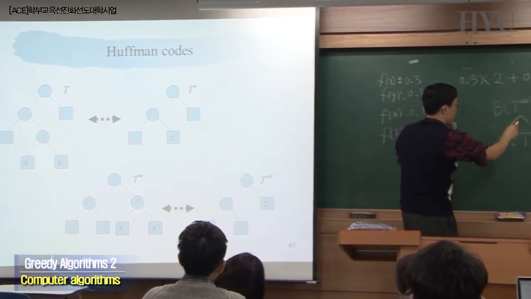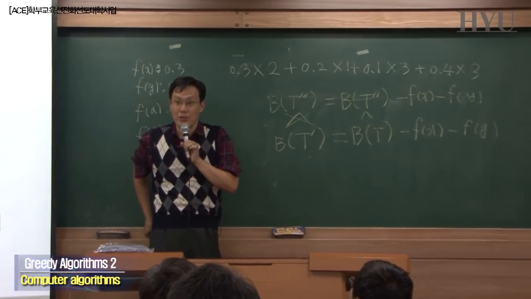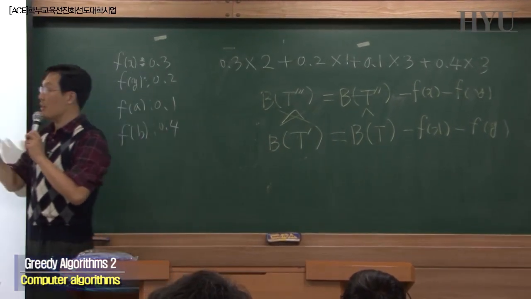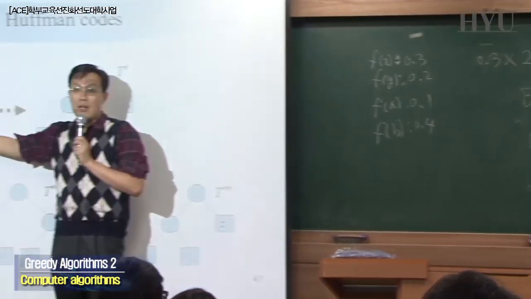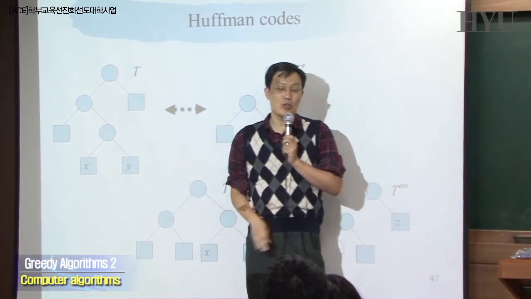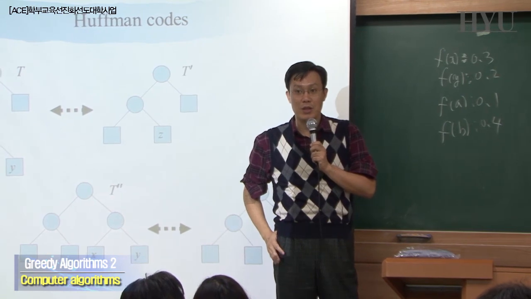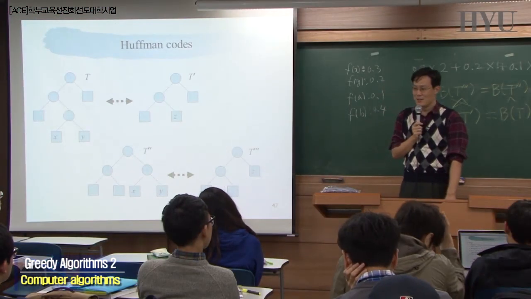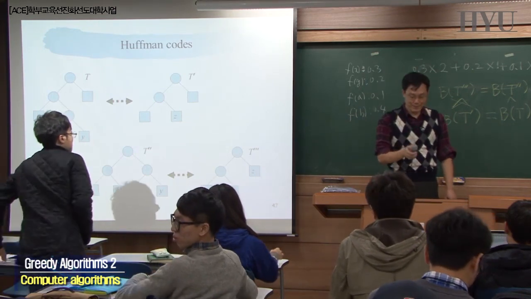So this is impossible. So by contradiction, our assumption that T is not an optimal tree is false. So this should be an optimal cost tree. Okay, let's wrap up this class now and see you on Friday.